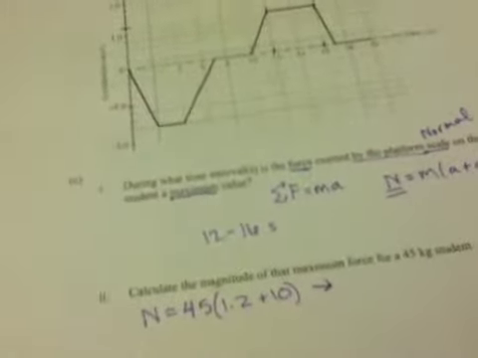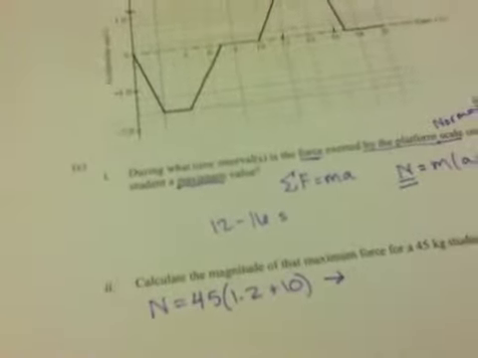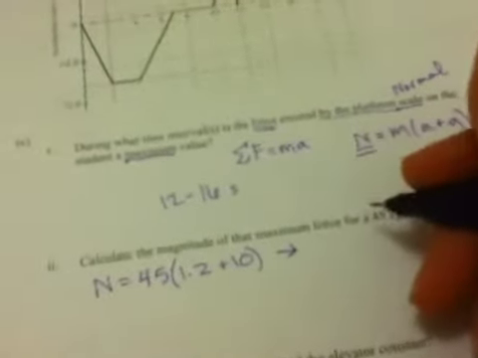So we have 45 times 1.2 plus 10, and when we multiply that all out, we end up with an answer of 504 newtons.